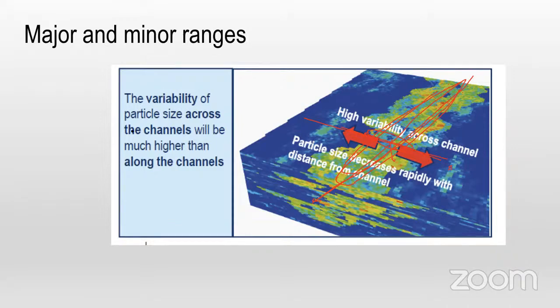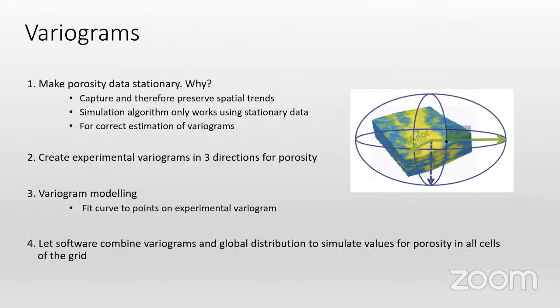All of the variograms are based on these three: major, minor, and vertical range. So if you have, for example, a well in this area, based on variogram study, you can find the range.